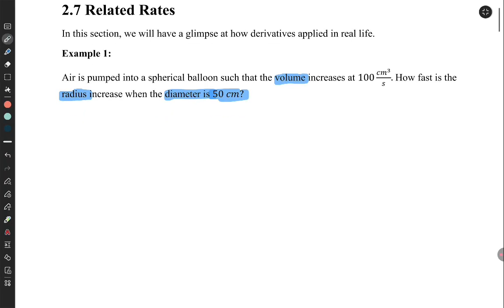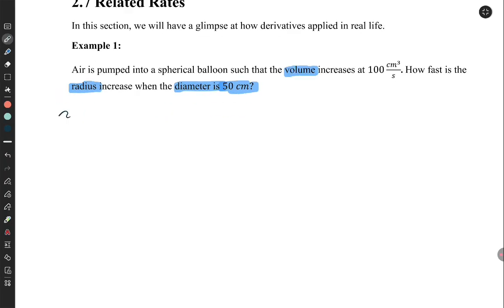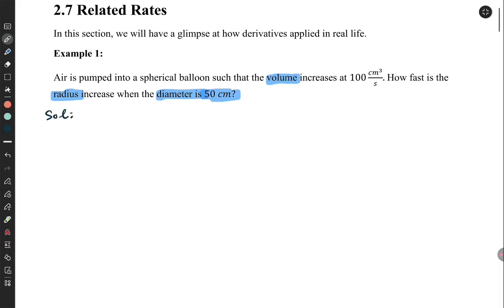When you do this problem, first of all, you want to summarize the key information, the given information and the question.